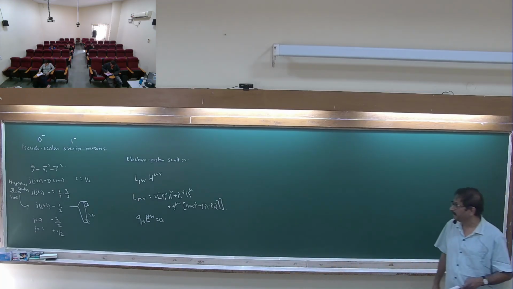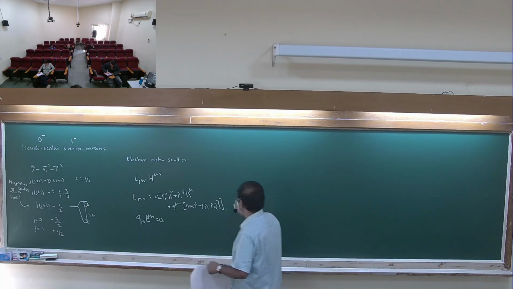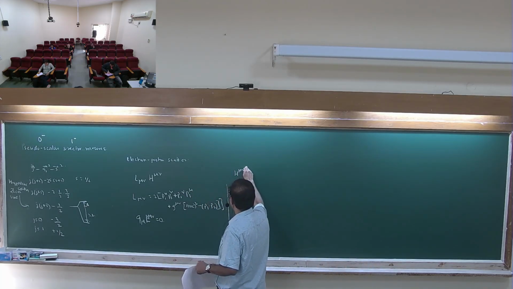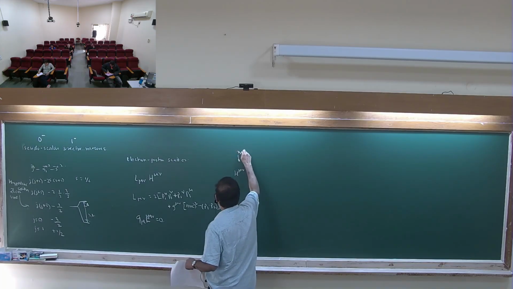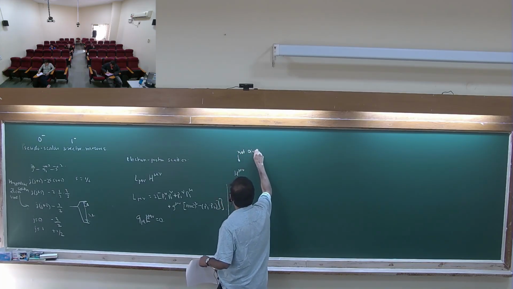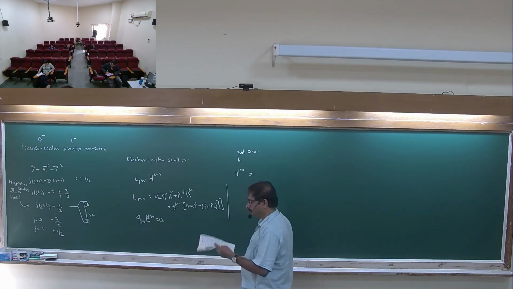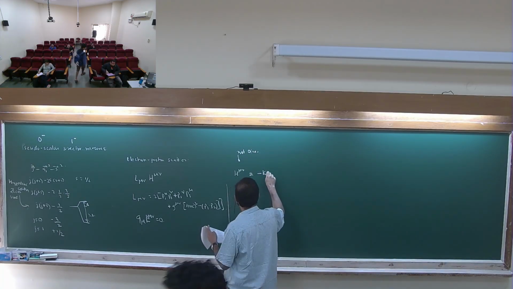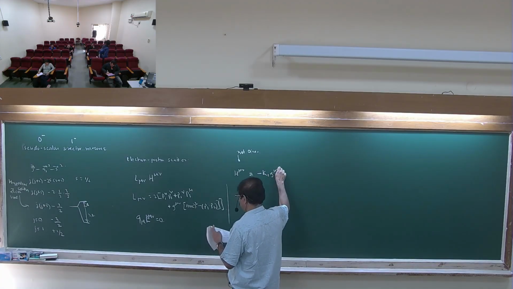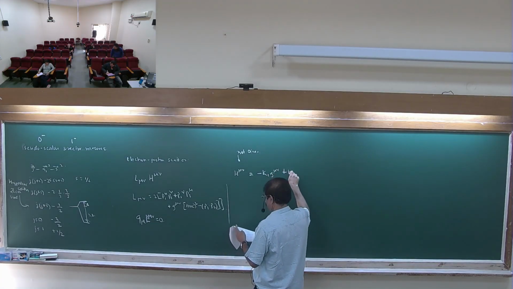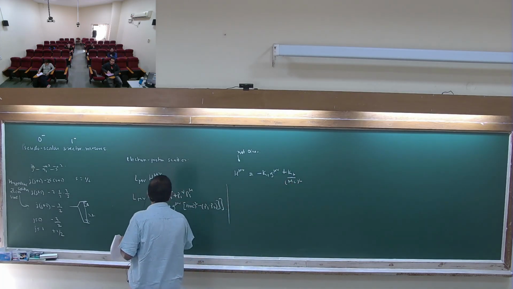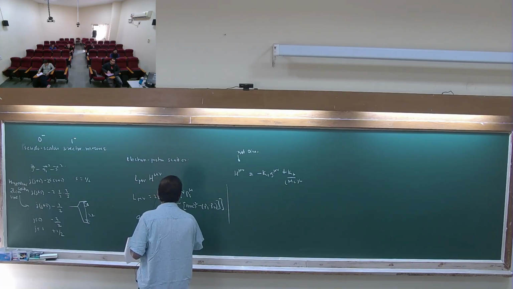On the other hand, this hadronic part, if this is not a Dirac particle, the most general rank-2 tensor that you can write down, symmetric, is K1 G mu nu like this plus K2 P mu P nu, and so on. This is trivially respected.